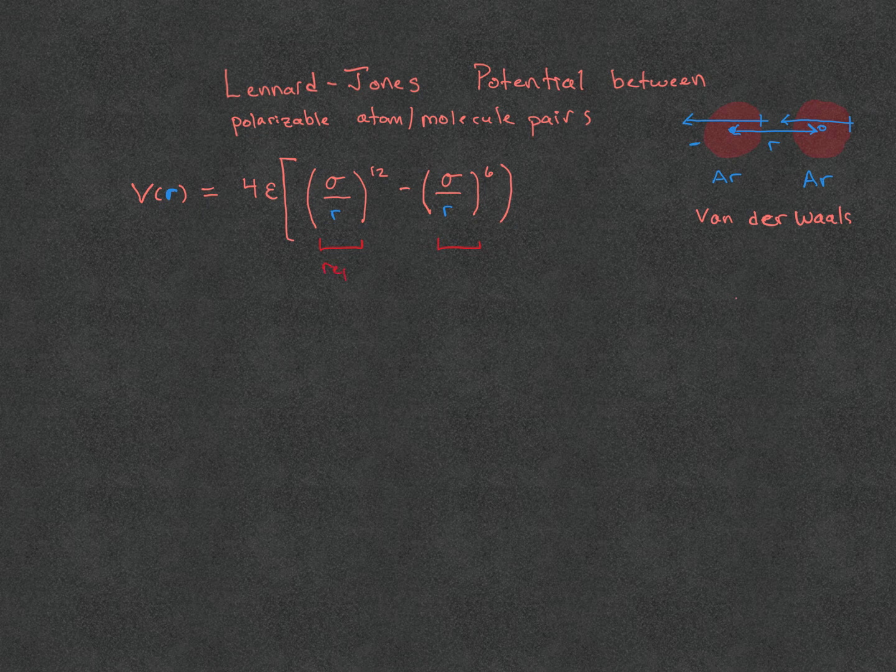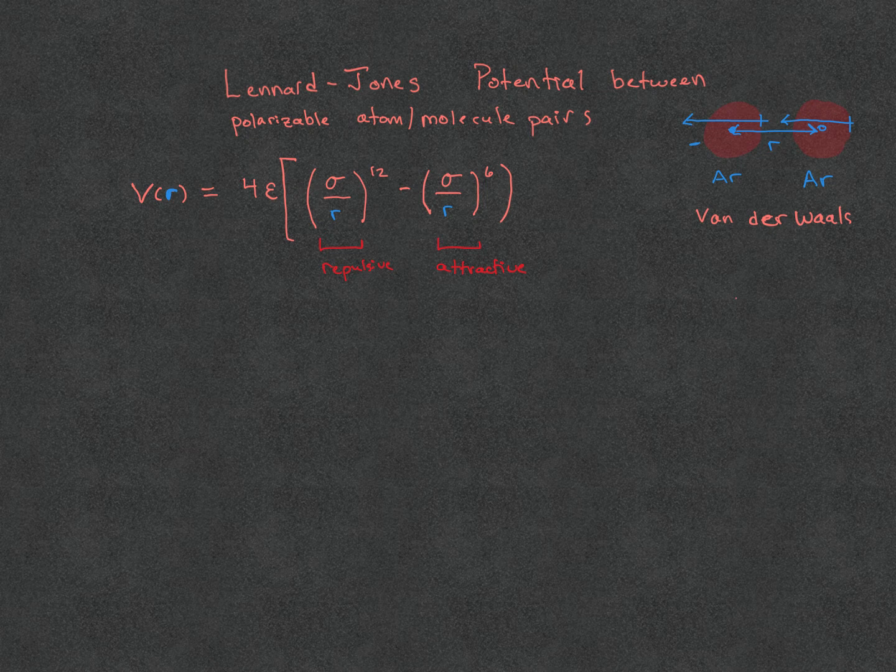We have a repulsive part and an attractive part. The idea is that at certain separations between these two argon atoms, I could have attractive interactions because of these induced dipole type van der Waals interactions. But if I make the separation too small, then I'm going to have overlapping charge clouds, which is going to have a lot of electron repulsion, and that's going to be repulsive. Okay.